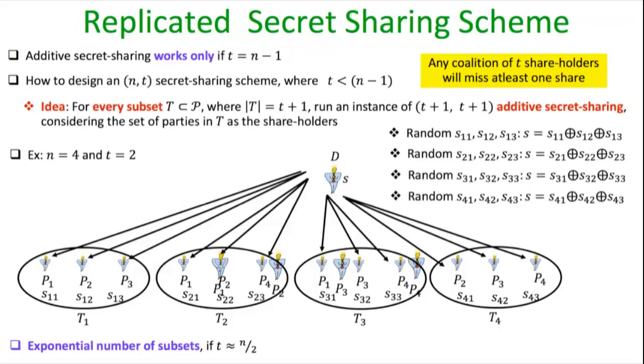They might be in the first group, the second group, the third group, or the fourth group. They will always miss 1 share because they will be part of a group where there is always another guy with those 2 guys. And in that group, the secret is secret shared with threshold being T. So that's a simple intuition because of which this secret sharing scheme satisfies the requirement.